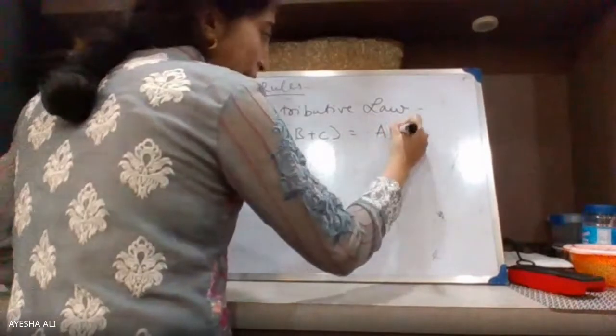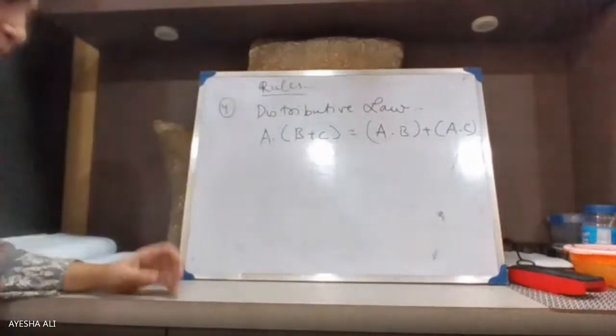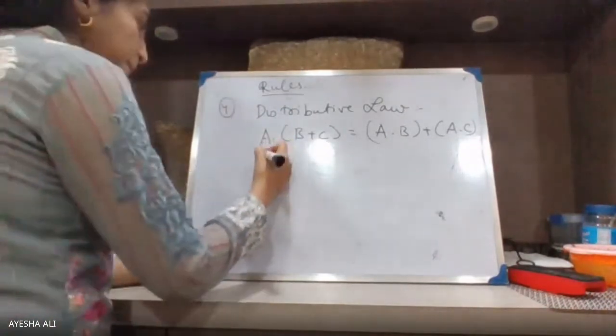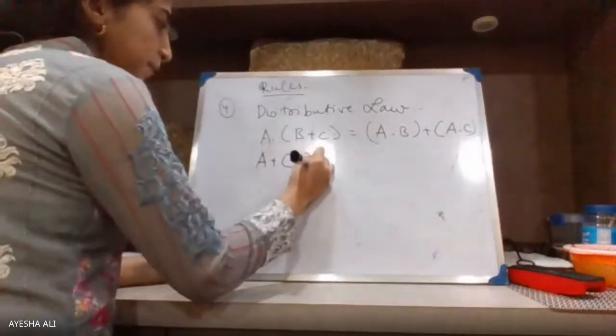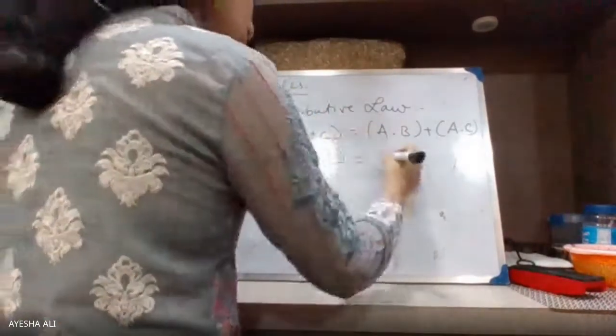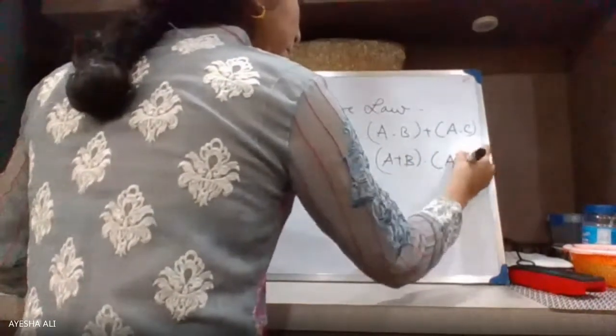It will be A and B plus A and C. Another distributive law is A plus B and C. Again the same thing: it will be A plus B, A plus C.